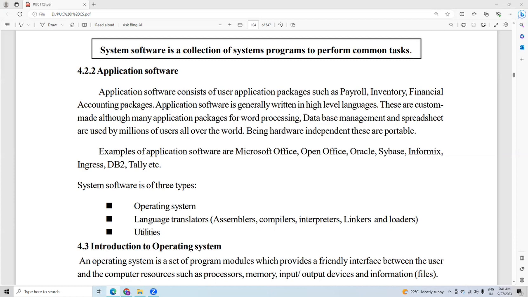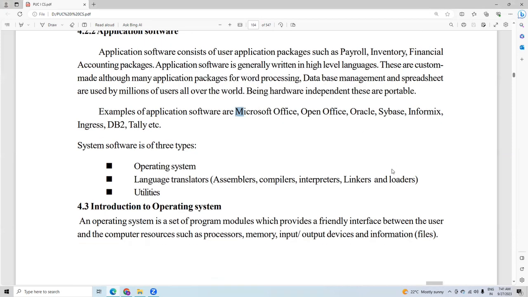Being hardware independent, these are portable, right? Being hardware independent, these are portable means what? These software can be used on any model of the computer. Examples of application software: Microsoft Office, OpenOffice, Oracle, Sybase, Informix, Ingres, DB2, Tally, etc.